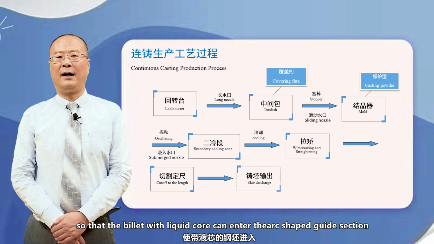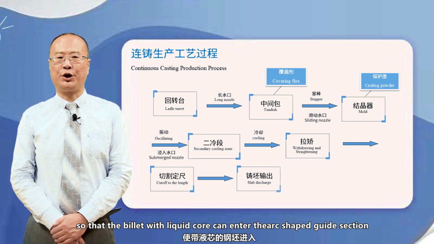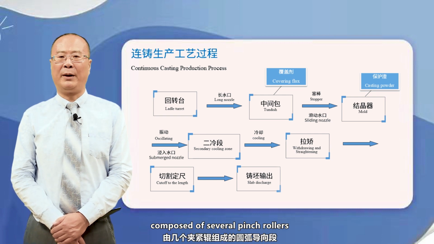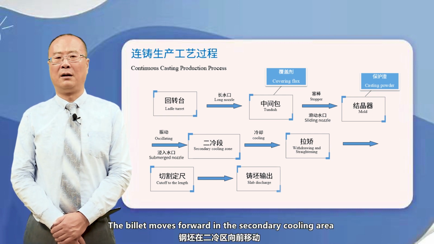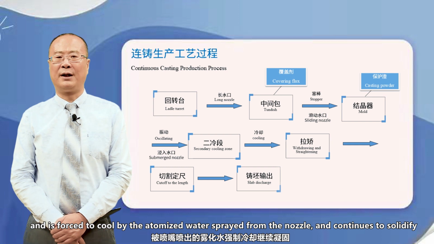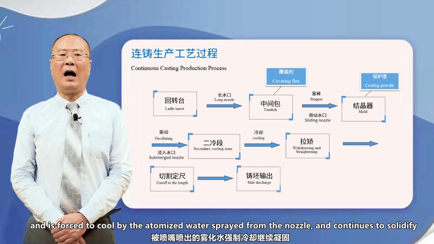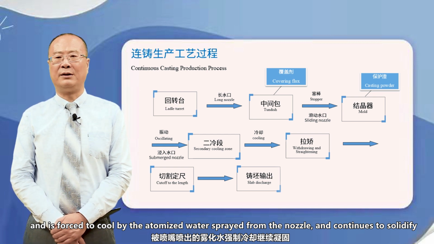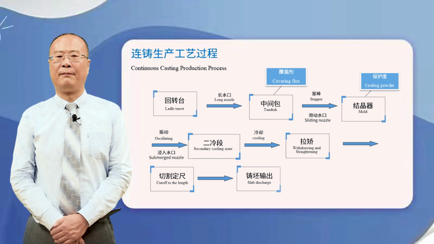So the billet with a liquid core can enter the arc-shaped guide section composed of several pinch rollers. The billet moves forward in the secondary cooling area and is forced to cool by the atomized water sprayed from the nozzles and continues to solidify.